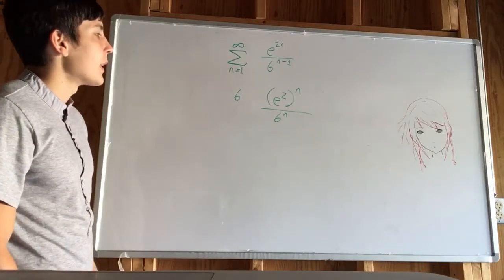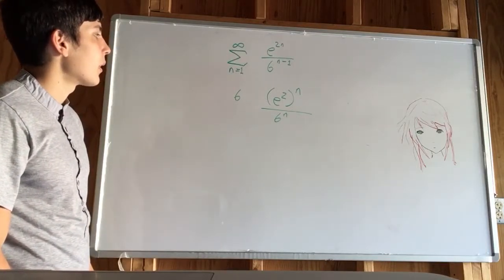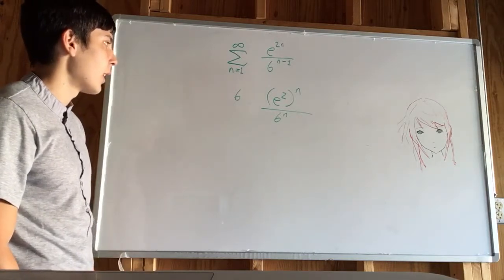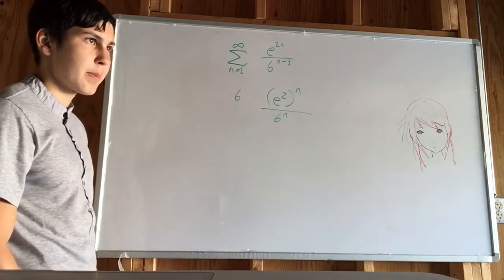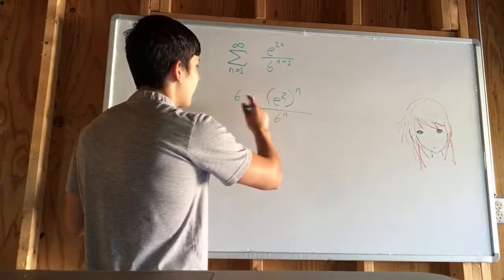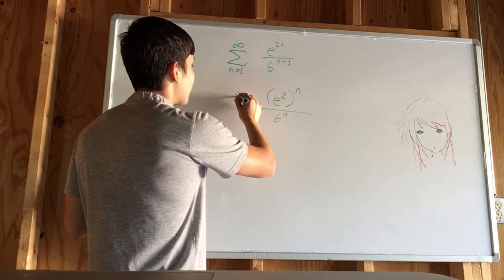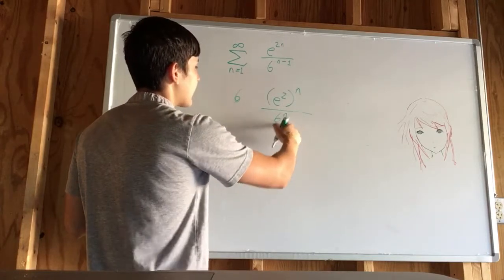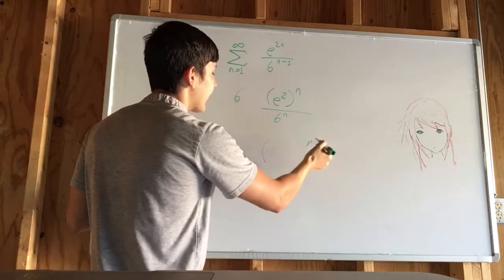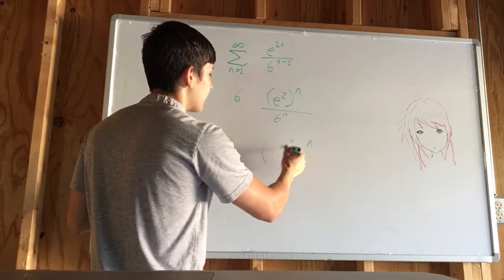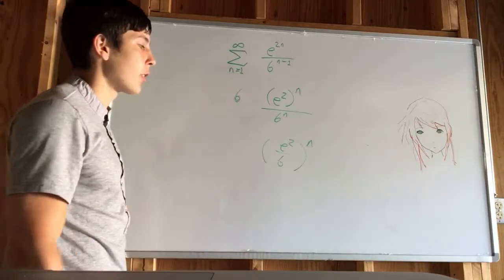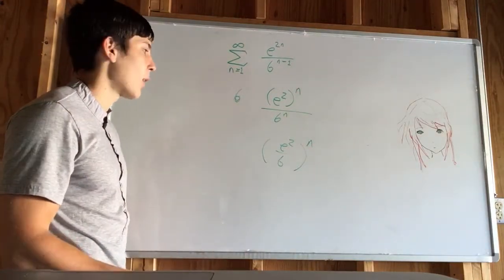So now that we know this, our next question is, how do we find what our common ratio is? Because that's what we're going for. Well, now we could bring this exponent out. We have e squared over 6, and we're taking that to the power of n.